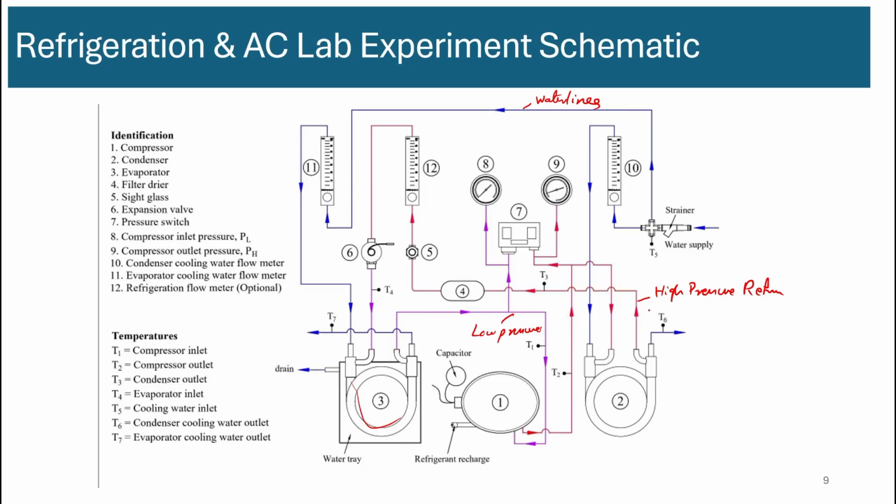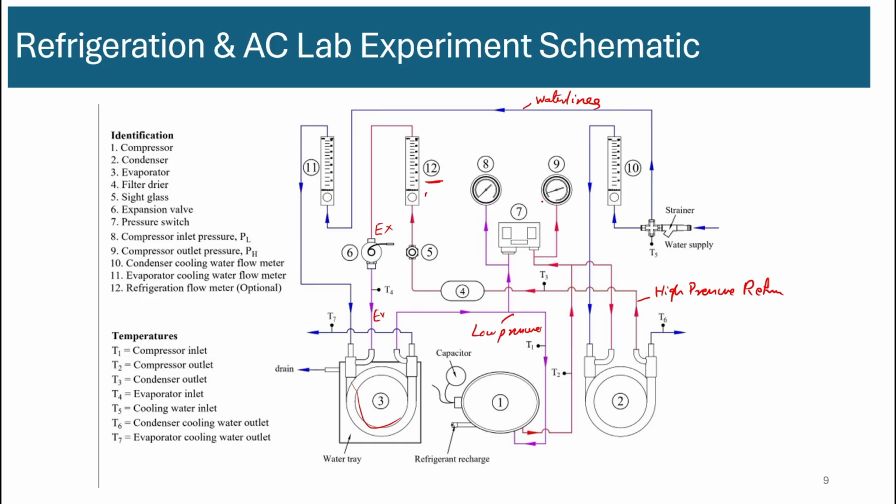It cools down and goes from the condenser to the refrigerant flow meter, number 12. After that it goes to the expansion device, and after the expansion device, it goes to the evaporator. Once it goes through the evaporator, it exits and goes back to the compressor inlet.